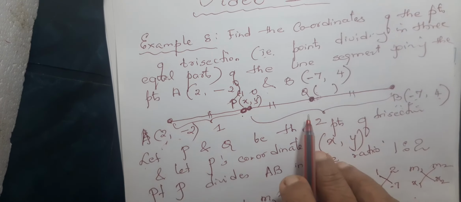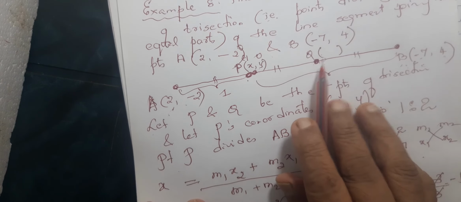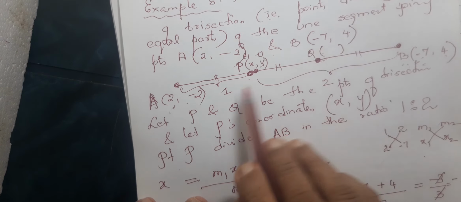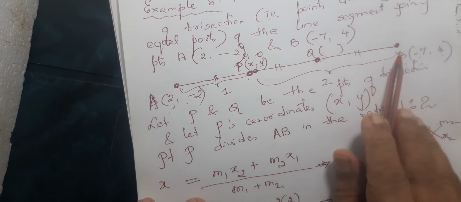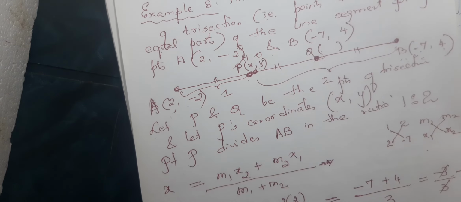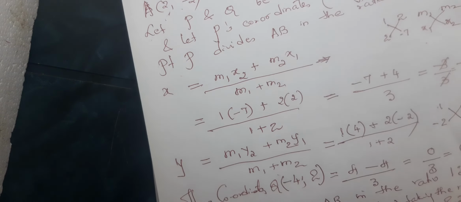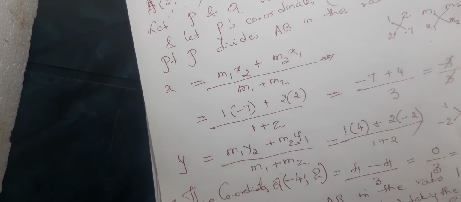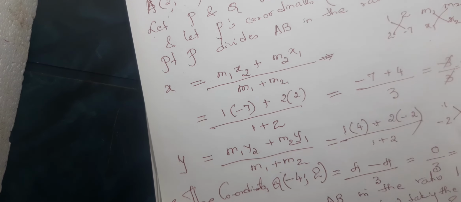And the other method I just told you, take Q's ratio, X and Y you put here again, and it is dividing in the ratio 2:1. You should take like that, 2:1. That way also you can do to get the coordinates of Q. So this is a way how to do the sum. Okay.